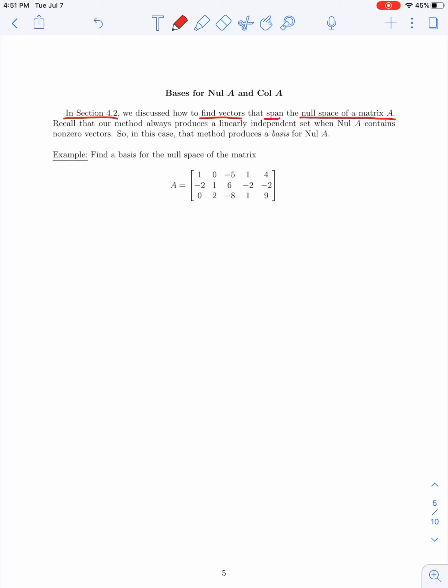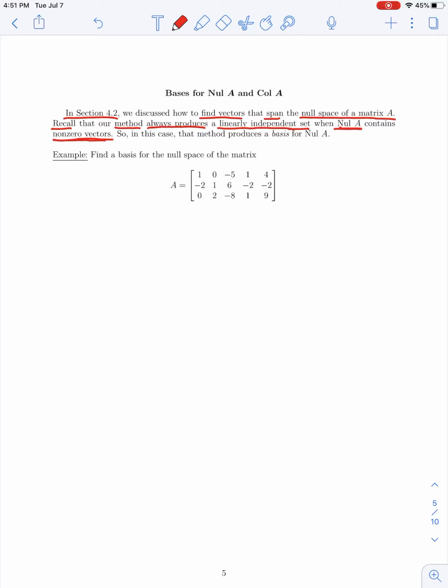Now, when we talk about the null space, recall that that method of finding a set of vectors which span our null space will always produce linearly independent vectors if the null space of A contains non-zero vectors.